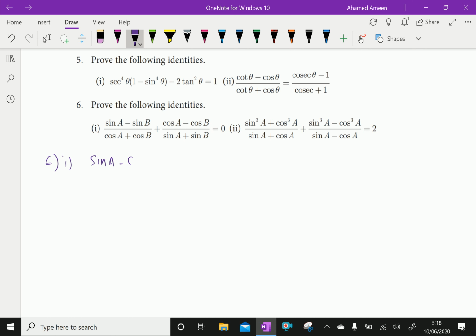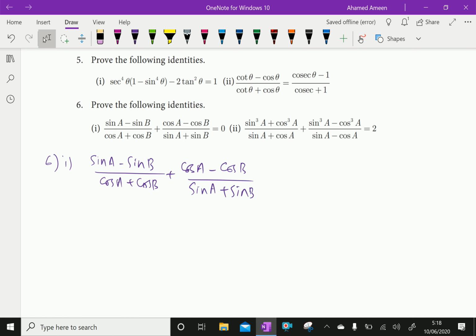Sin A minus sin B over cos A plus cos B plus cos A minus cos B over sin A plus sin B equals 0.